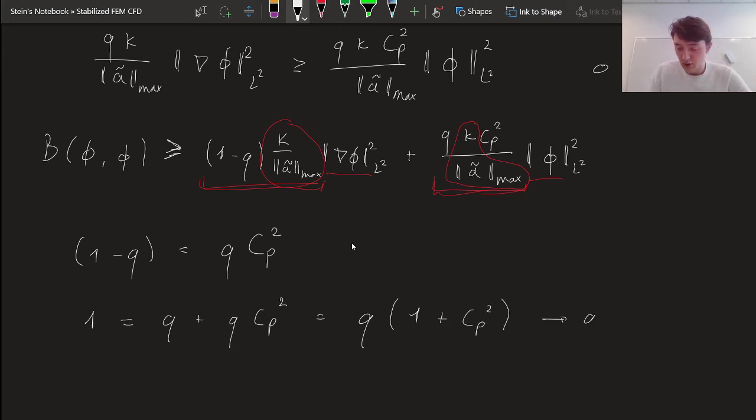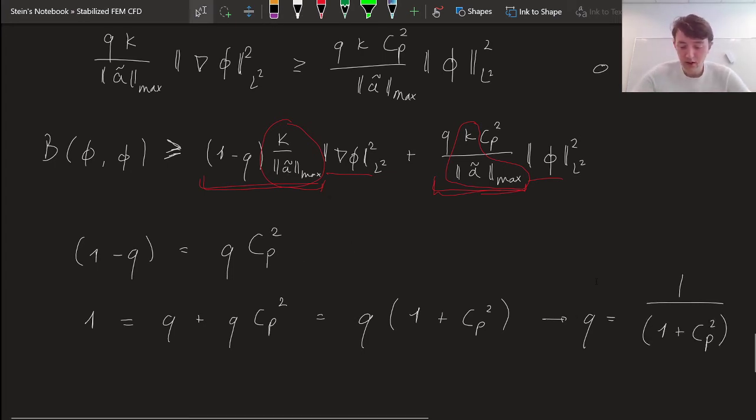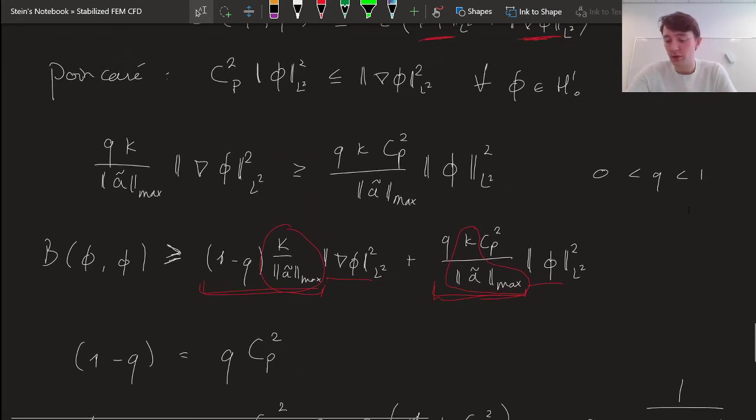So it's going to give me q is going to be equal to 1 over 1 plus Cp squared. Okay. So that's the q that I'll use. Independent of Cp, we always have a q that's between 0 and 1, that's what we wanted.